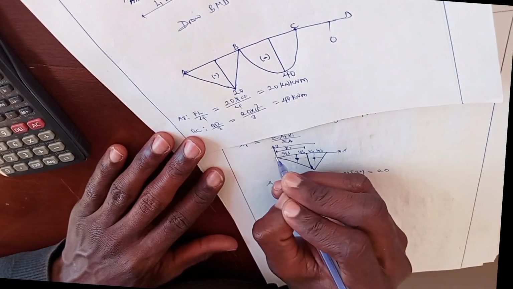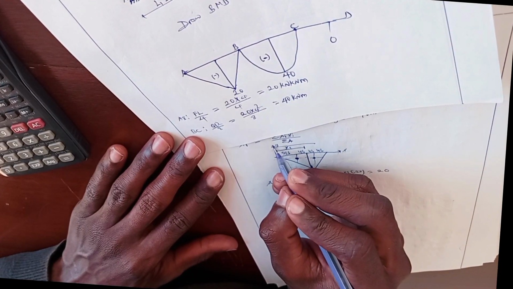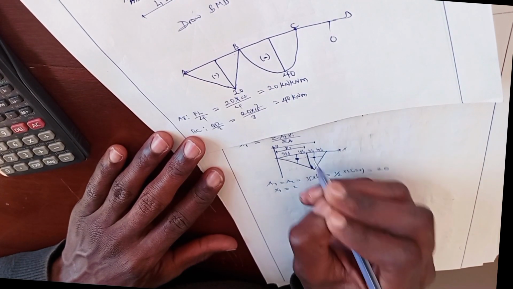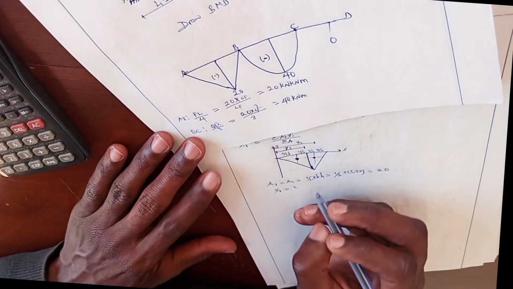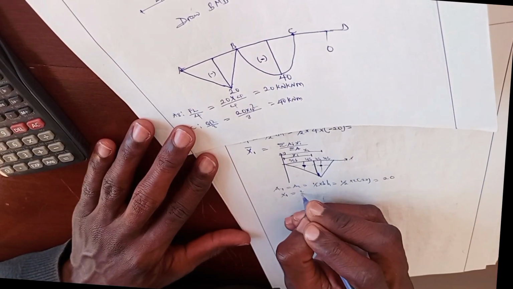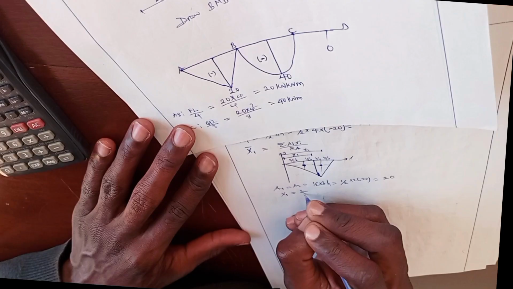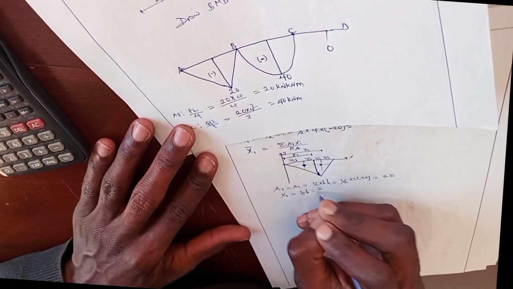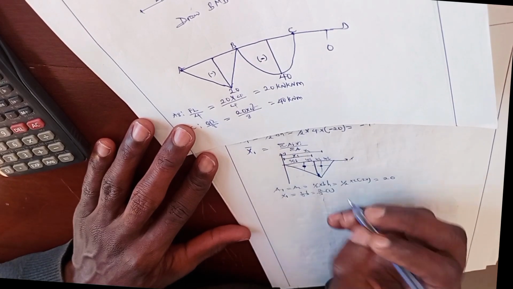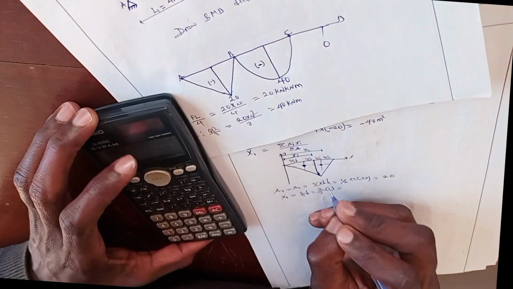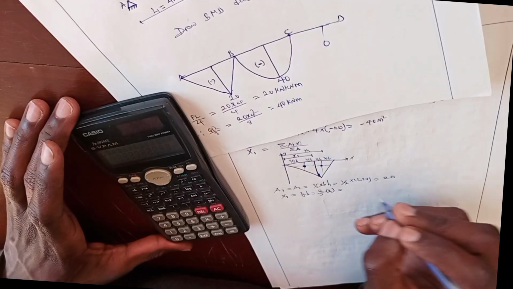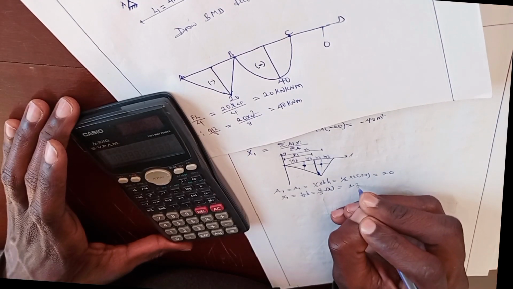X2 is from the origin to the center of gravity of the second triangle. This is x2. Now x1 will be equal to 2 over 3 times base, where the base for this triangle is 2. So it will be 4 divided by 3, which is 1.33.